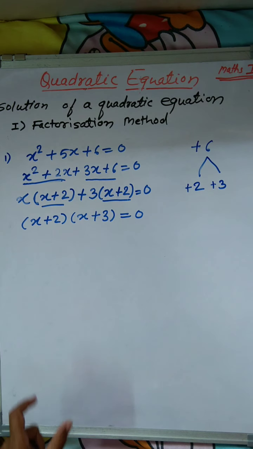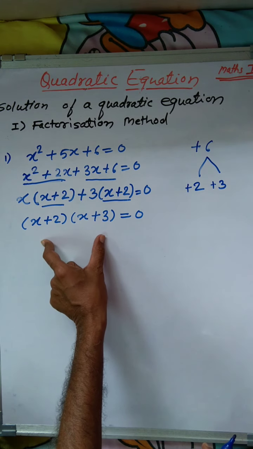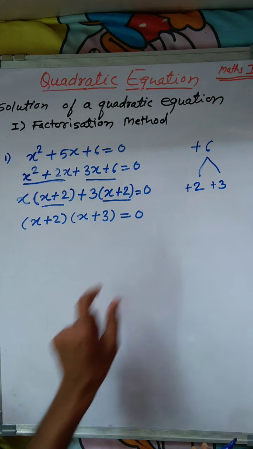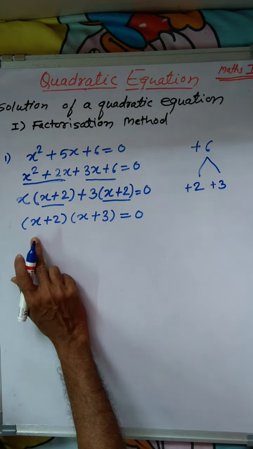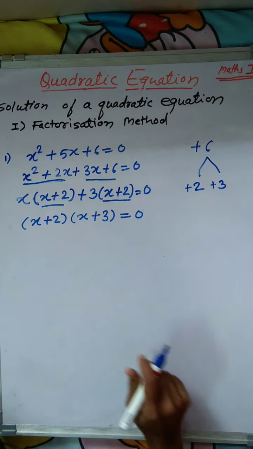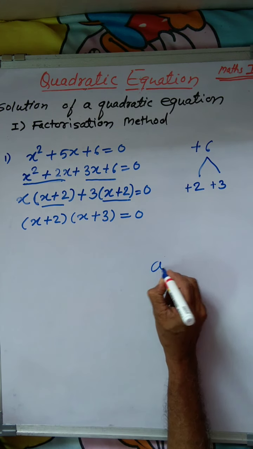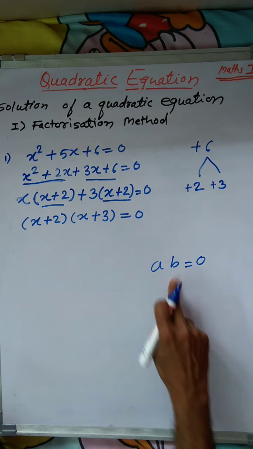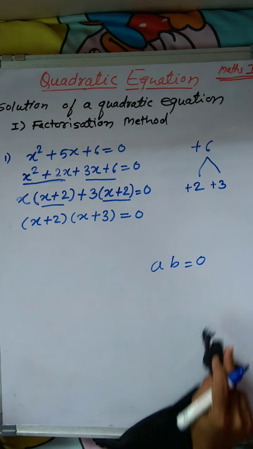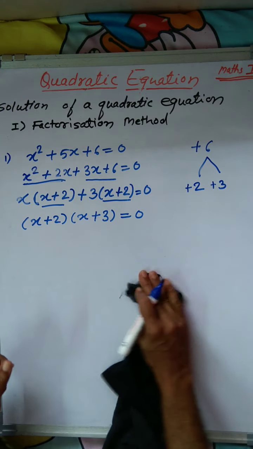Now the product of these two terms is 0. That means either one of these two terms is 0. That means if a into b is equal to 0, then a is equal to 0 or b is equal to 0. Then only the product gets 0.